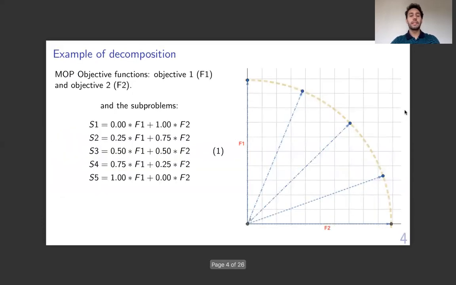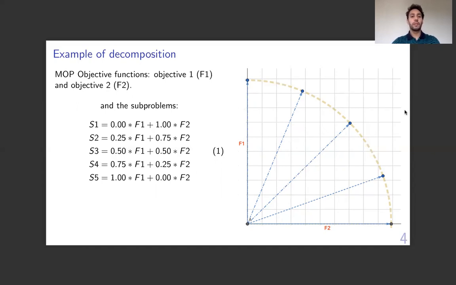Okay, so here is an example of the decomposition of MOEA. We have a multi-objective problem with two objectives, F1 and F2. And we create 5 subproblems, S1, S2, S3, S4, and S5.